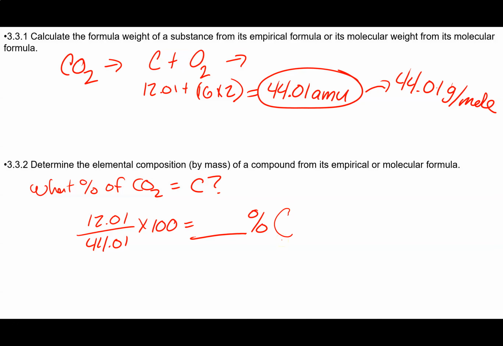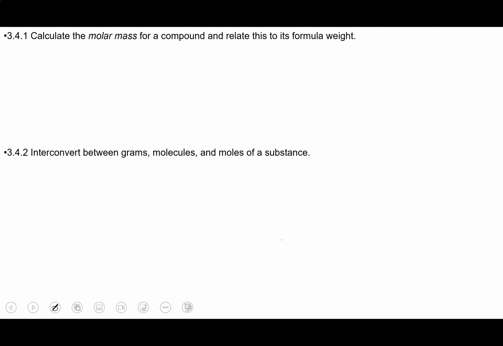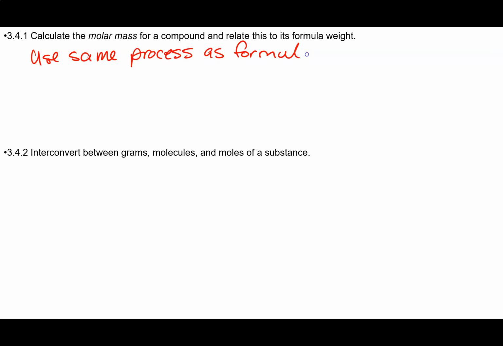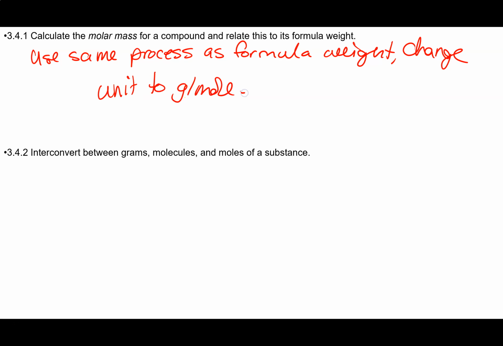And I can do that for any compound as long as I have the molar mass of the compound, which I can get as long as I have access to a periodic table, which of course I always do. Molar mass for a compound is just going to be literally using the same process as formula weight and just change the units to grams per mole, like we saw on the previous slide.